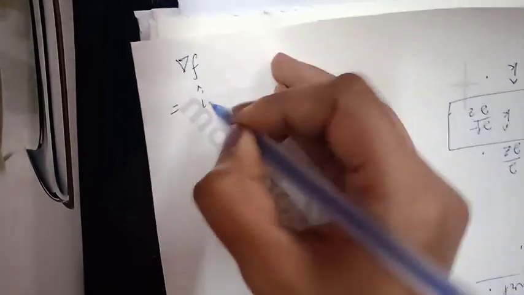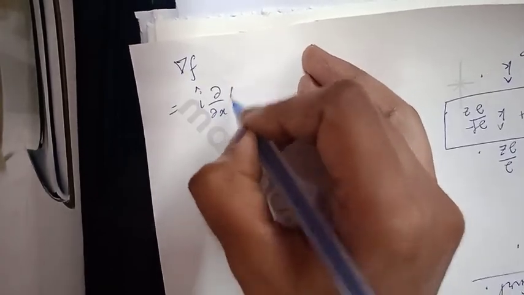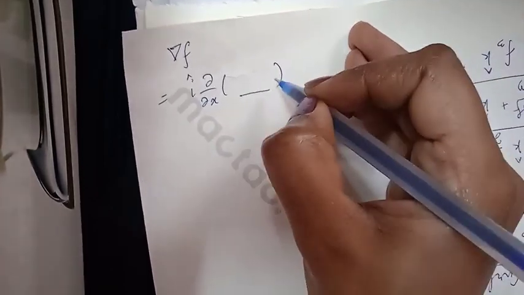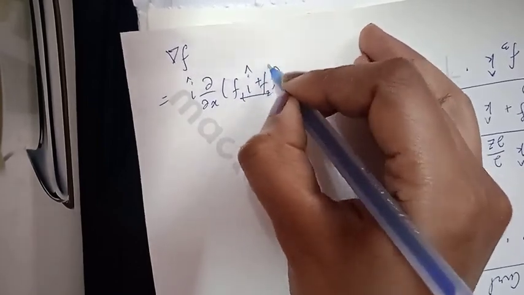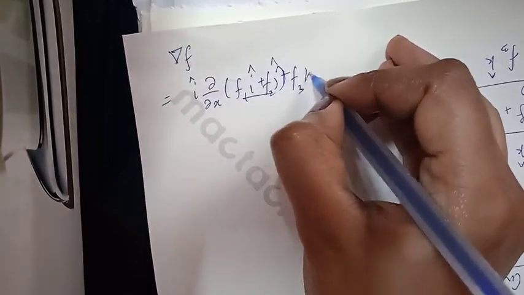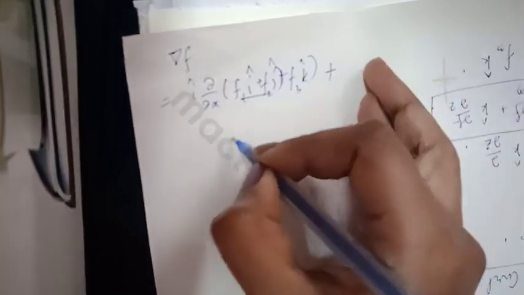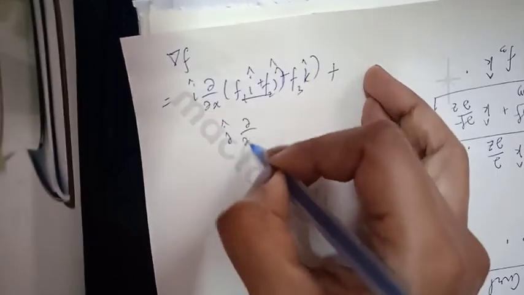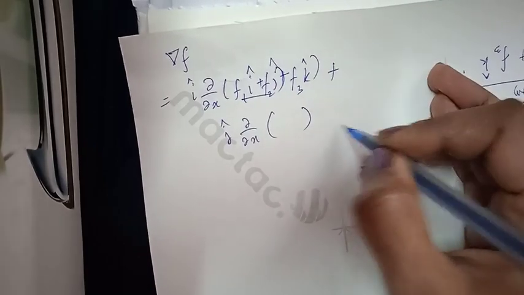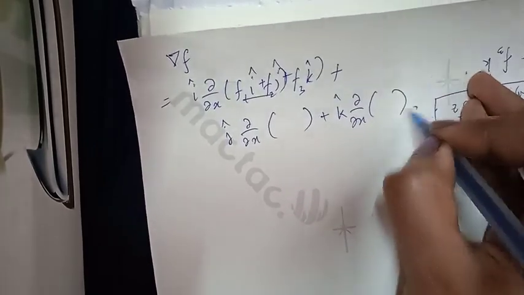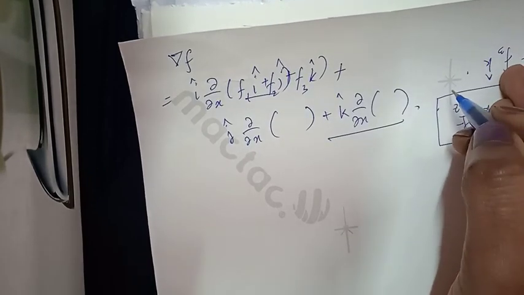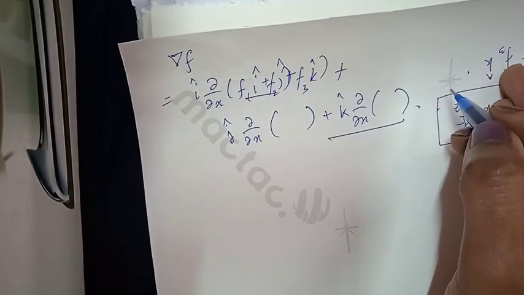This is i del/del x of this whole thing, f, meaning f1 i cap plus f2 j cap plus f3 k cap, plus j cap del/del x of the whole thing, plus k cap del/del x of the whole thing. Okay, this is how we calculate grad f.